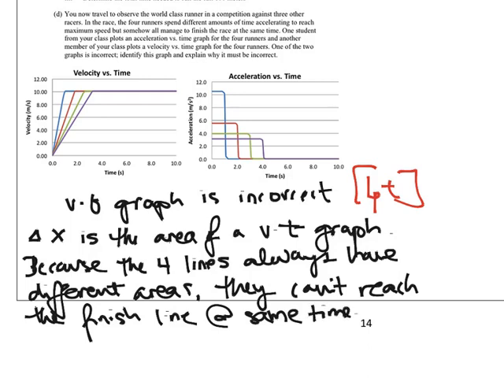Okay, so the last point is for somehow relating it to the fact that delta x is the area of a VT graph.